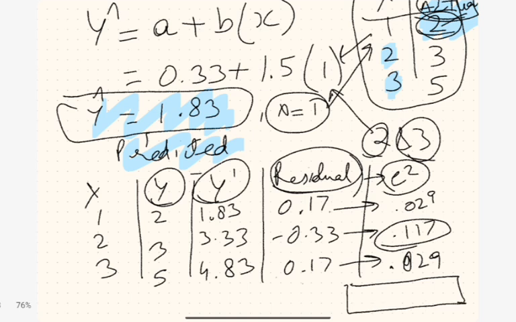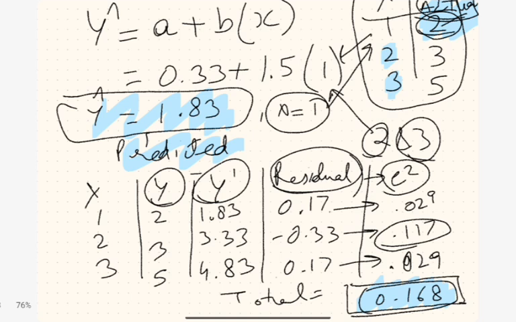We see the total of these errors. The total becomes 0.168. This is the total, right? So this value, 0.168, what does it denote? It denotes the smallest possible total squared error for any straight line fitted to these points.